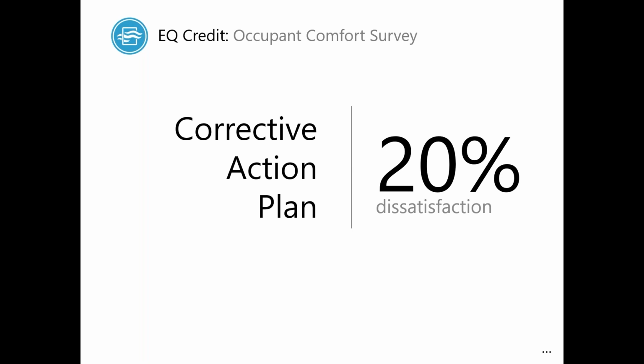Anything from 0 to 3 is considered positive, but -3 to -1 is that dissatisfied area. So if more than 20% of your responses in any of those 5 areas, cleanliness, lighting, noise, any of those areas, if 20% or more people are dissatisfied, we have to provide some sort of corrective action plan.